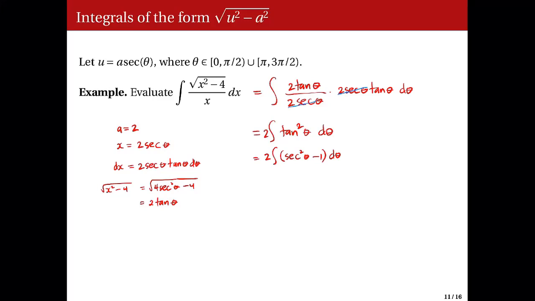If you have an even power for tangent, you do something like this. So if we integrate this, we just have 2 times the integral of secant squared theta, that's tangent theta, then minus 2 times the integral of d theta, that's just theta, and then we have the plus c.